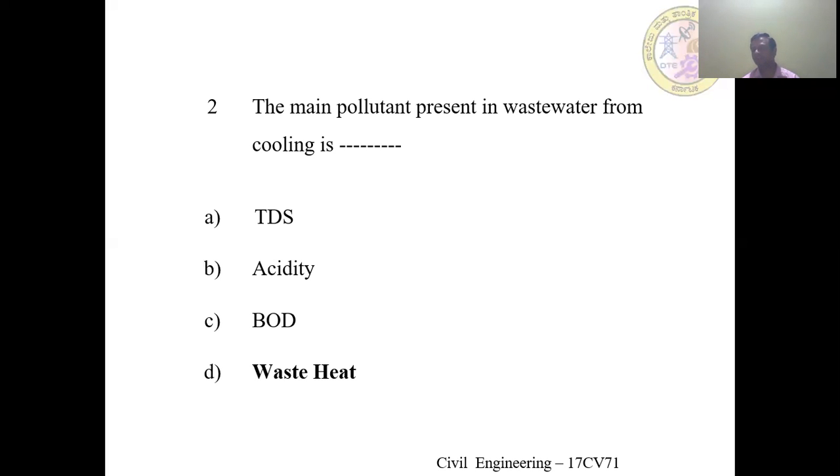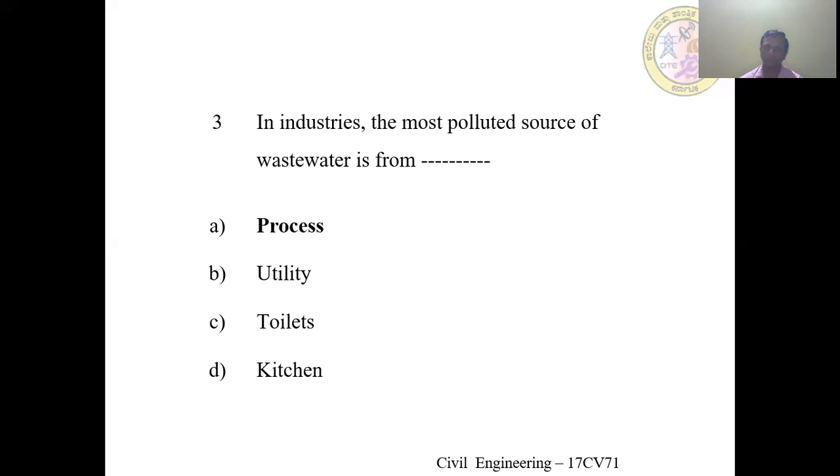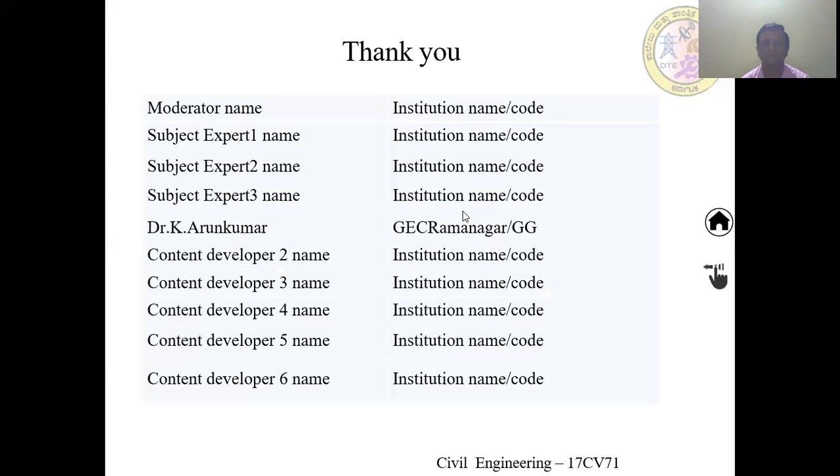So that heat we can think of using for any other purpose. The industry's most polluted source of wastewater is from the process, not utility operations. In processing, you are going to get a larger amount of wastewater. Thank you.